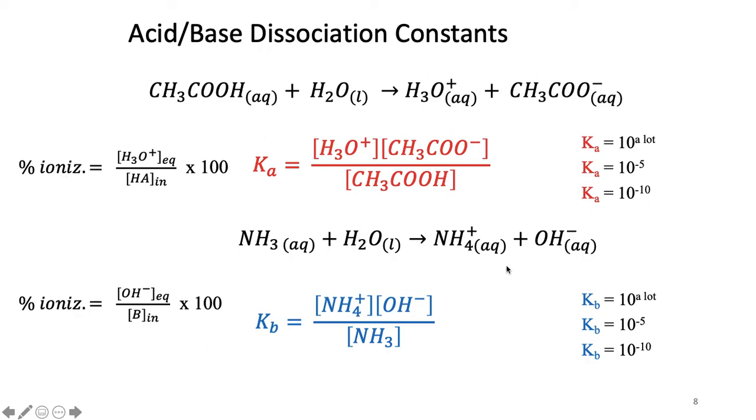The stronger base will produce more of these OH minus ions in solution than a weaker base. Therefore, its percent ionization will be larger if the initial concentrations are the same for both. That is how we can tell which acid or base is stronger, either by looking at the Ka values or the percent ionization values. It's the same idea.